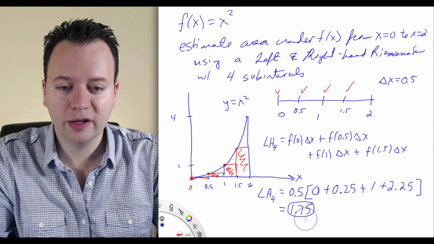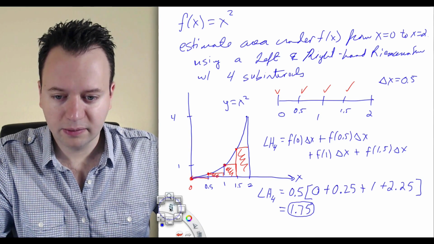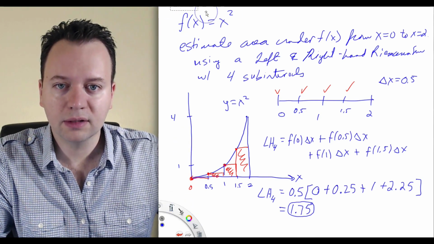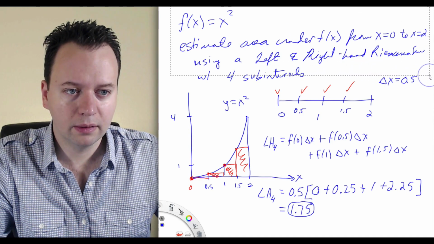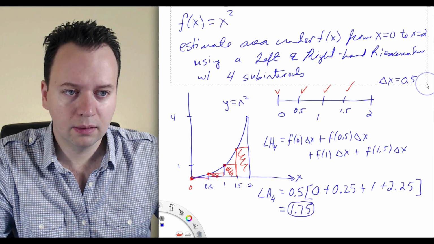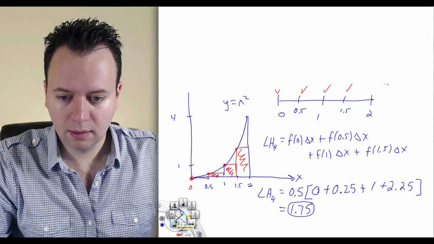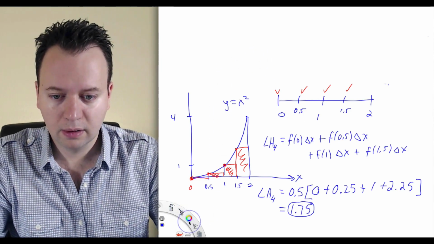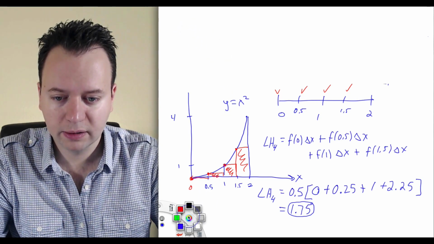Now if we redo this with the right-hand Riemann sum, so let me clear some space at the top. So in this case, we're going to have the right endpoints.